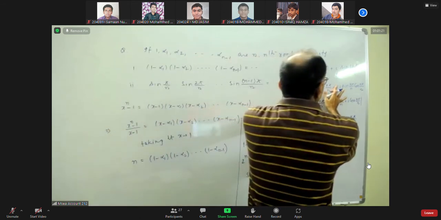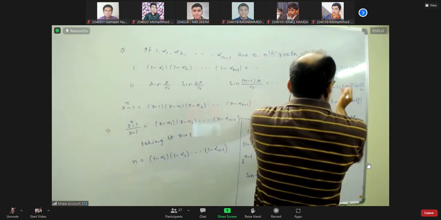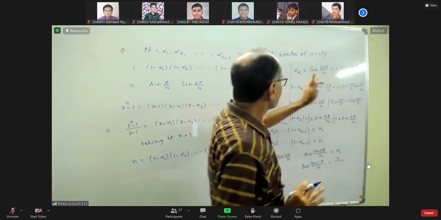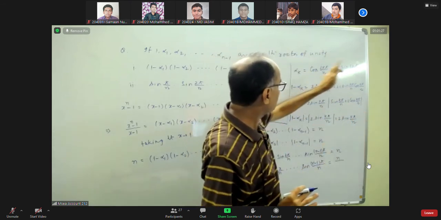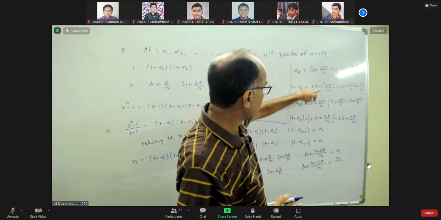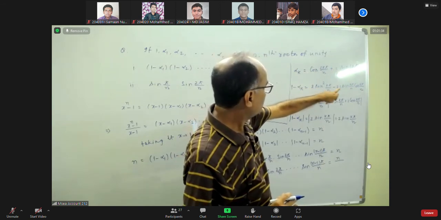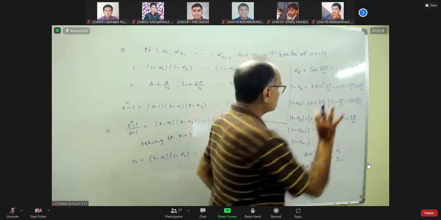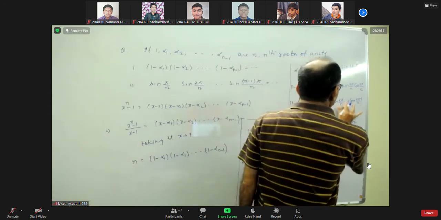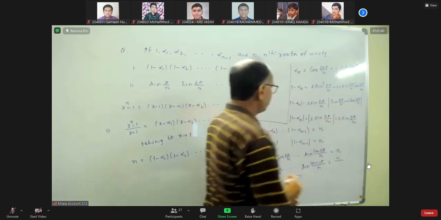Here it will be plus, here it is, I think, minus. Just wait. See, 1 minus cos theta is 2 sin square theta by 2 minus 2i. Here it will be minus. Wait, I think you're right. Here minus. Magnitude will remain the same.